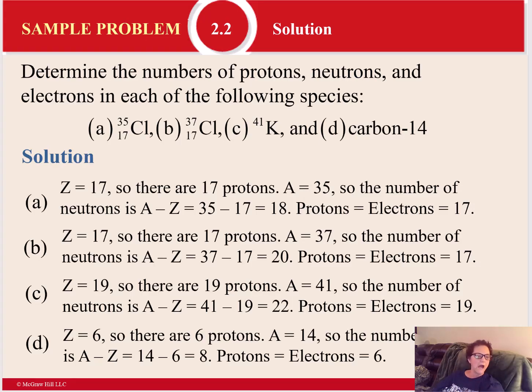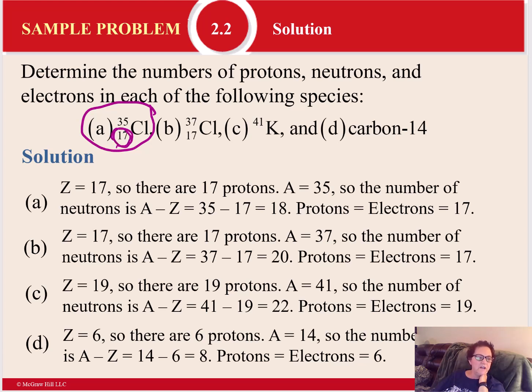I've got this next one typed out because it was easier to get all the Z's. For A, we have chlorine-35, with atomic number 17.